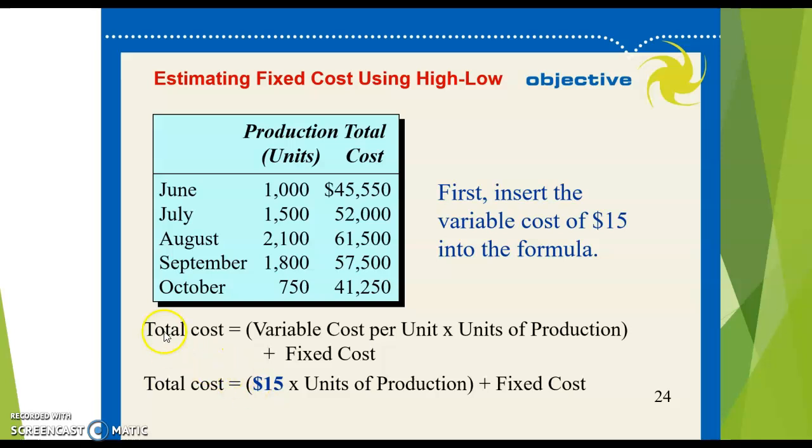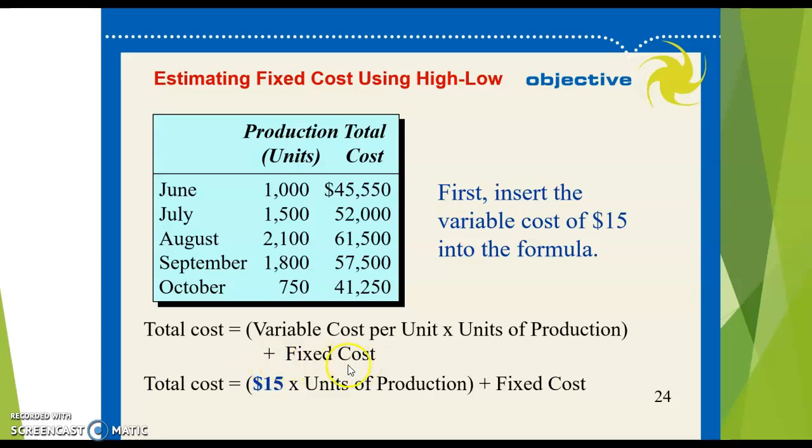Now, our total cost is the total variable cost plus the total fixed cost equals the total grand cost. Our total variable cost is the variable cost per unit that we just figured out, $15, times how many units of production.